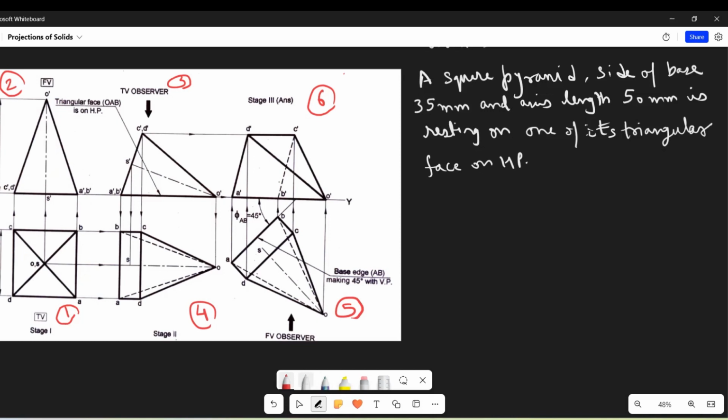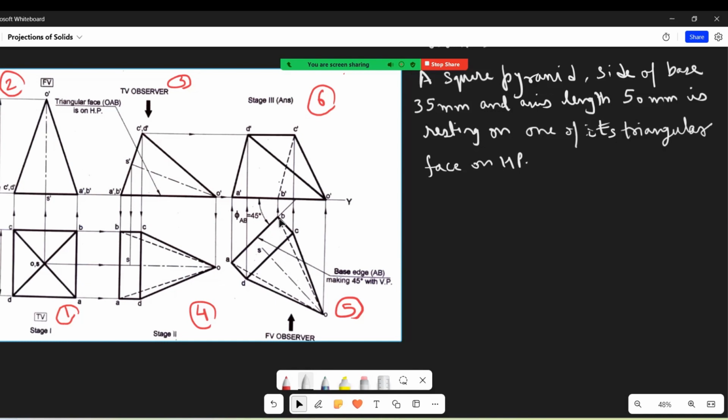It is resting on its triangular face on HP. So we'll draw this view number 1, then view number 2, then we'll incline the view number 2 such that O dash, A dash, B dash lie on the XY line, and then we'll form this view. Next, what we see here is this edge AB is making an angle of 45 degree with the XY line in the top view.